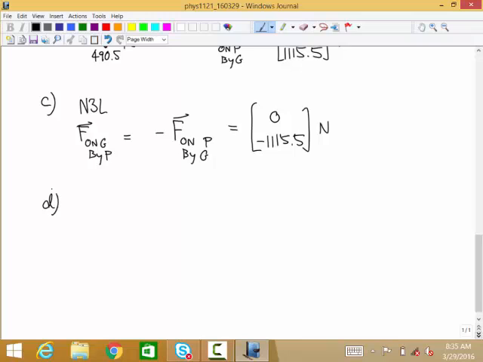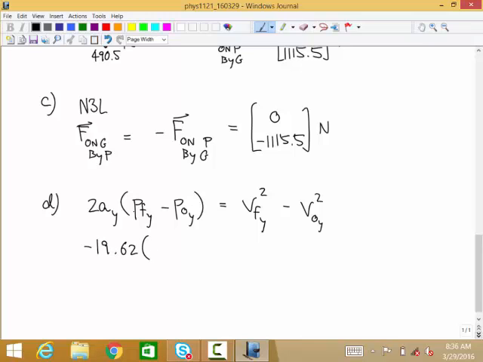So you can do it as 2 a_y times y_f minus y_0 is equal to v_fy squared minus v_0y squared. a_y is negative 9.81, so this is negative 19.62 times y_f that we're trying to find, minus 0, is equal to, when the person reaches the highest point, the velocity is 0.